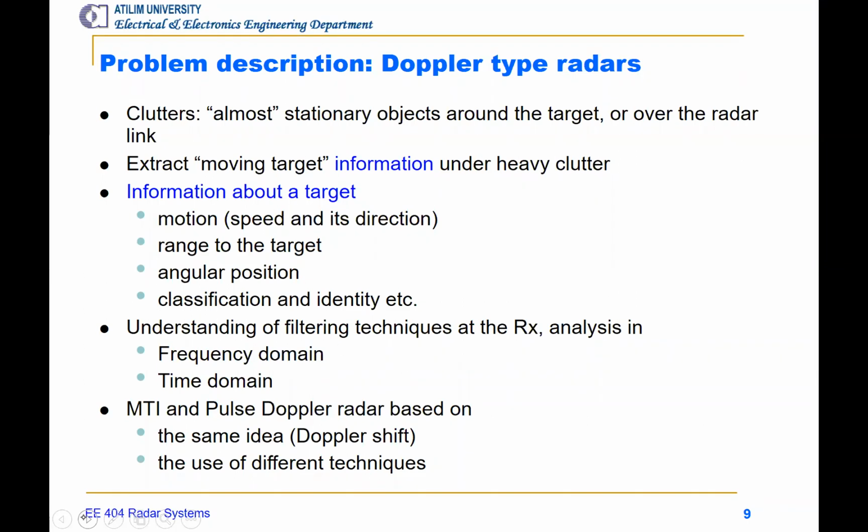And as you might remember from the missile range profile, we can classify some of the targets and identify them, discriminate different targets. So we have lots of information we can collect by using a radar about the target.